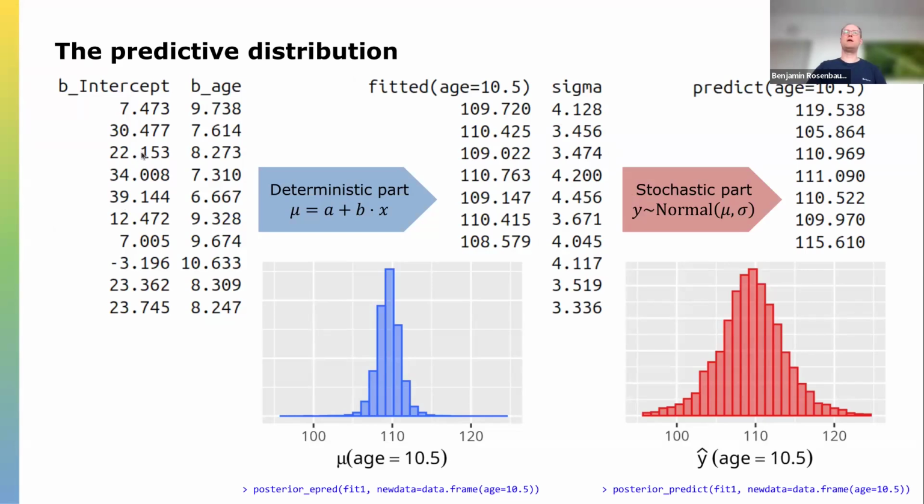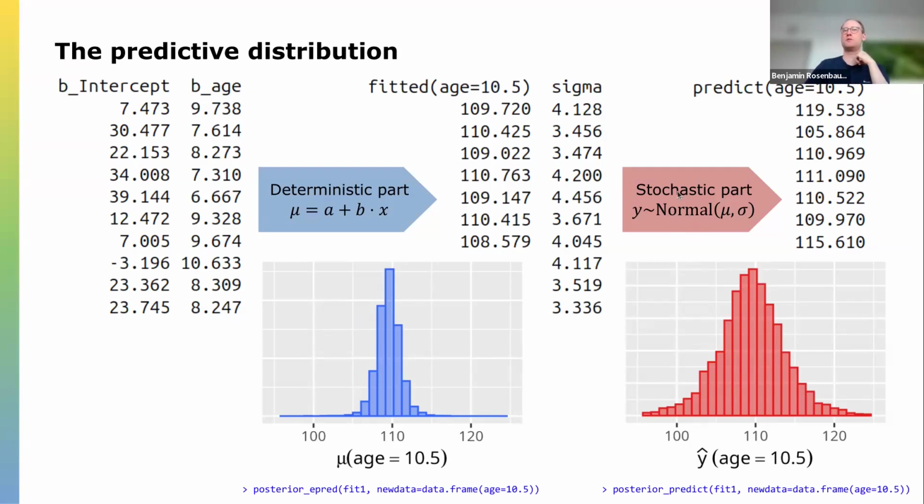So for each line here, we can compute the fitted value. Right, so this is one predicted or one fitted value for age equal to 10.5. And we can draw a random data point now because we know the sigma, we know the standard deviation of the residuals. So we can simulate a data point by using this mean prediction and drawing from the normal distribution, because this is part of the model, right?